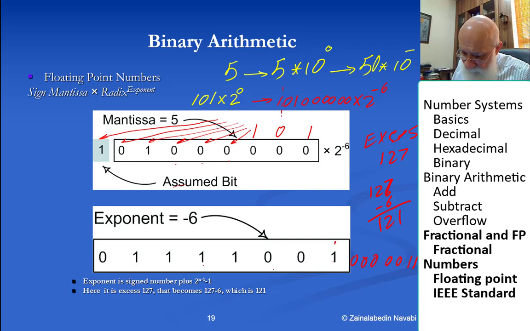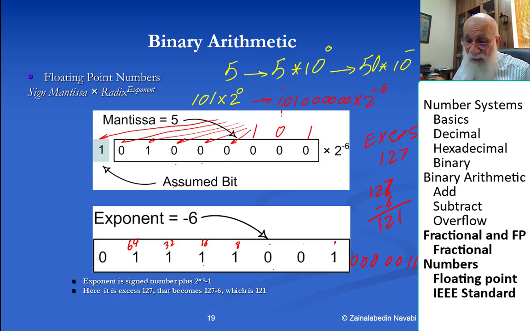That's 1, 2, 4, 8, 16, 32, 64. That's 96. And that's 120 together with this and a 1. That's 121. 121 in excess 127 represents the number minus 6.